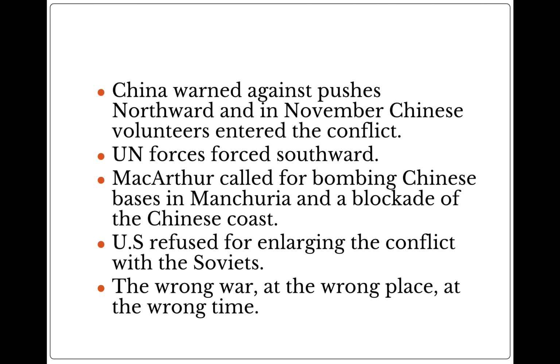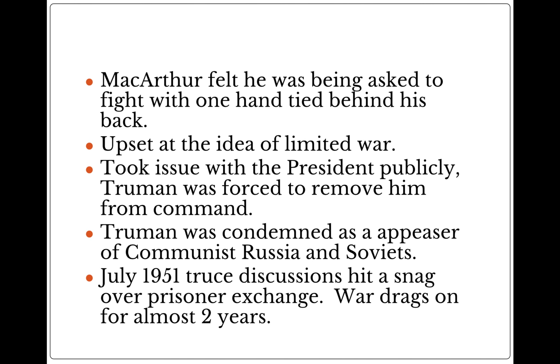MacArthur wanted the U.S. to bomb China using atomic weapons again, but the U.S. refuses to use atomic weapons that quickly, and this is basically the wrong war, in the wrong place, at the wrong time. MacArthur gets upset. He doesn't support what President Truman and the government are saying at that point in time.